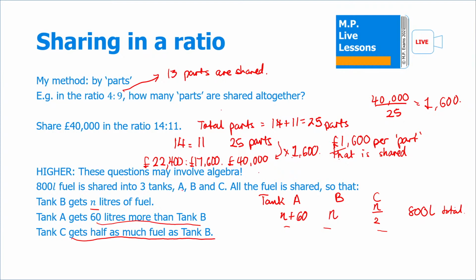So we have tank A, n plus 60, tank B, n, and then tank C, n divided by 2, and we set that equal to the total of 800 liters.